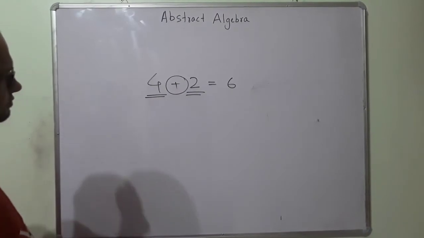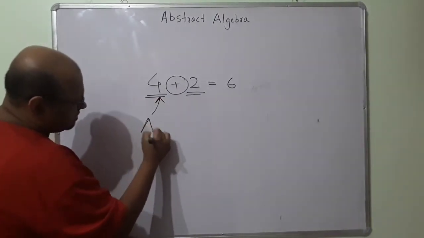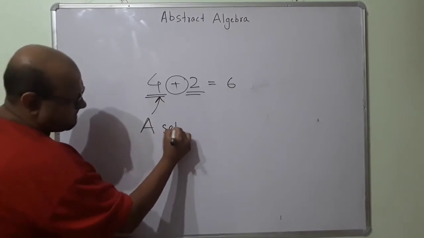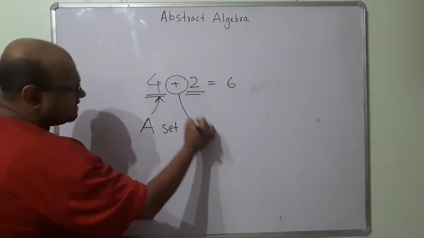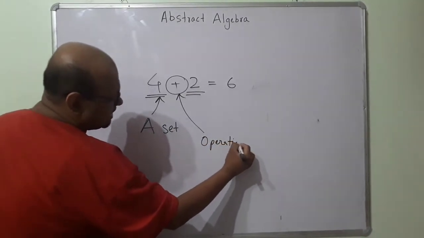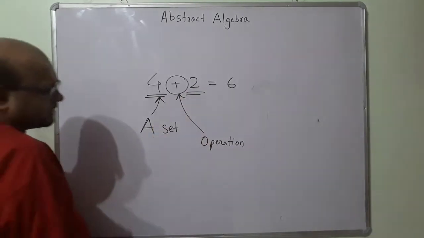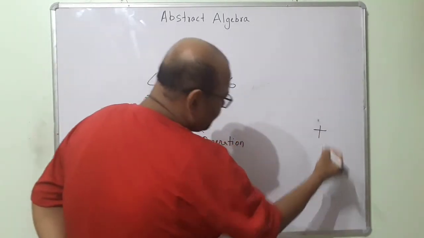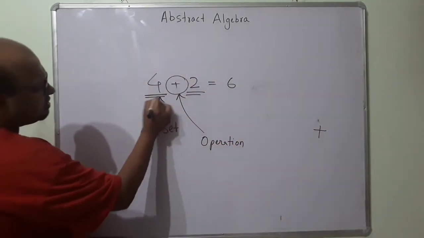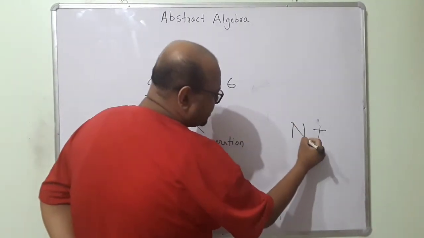These operands come from a set, and there is some operation. This will be denoted, for example, here the operation is plus, and the operand is coming from the set of natural numbers.